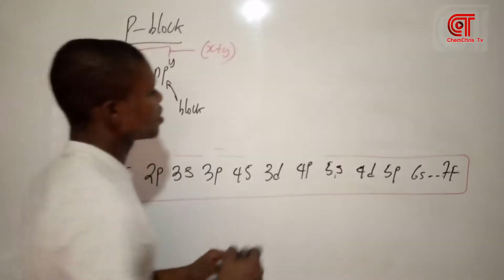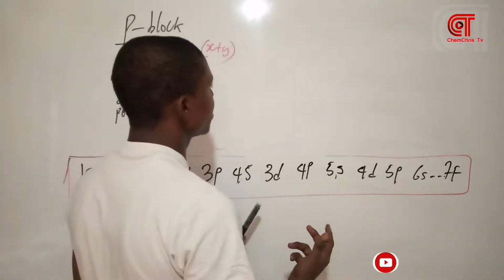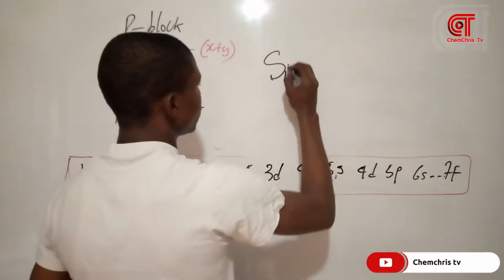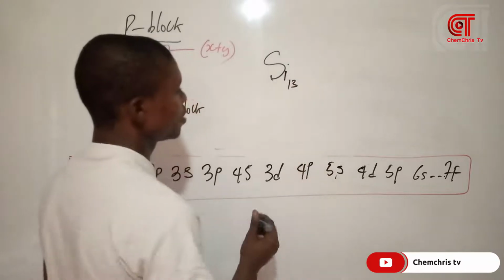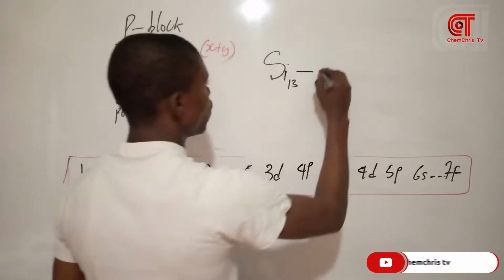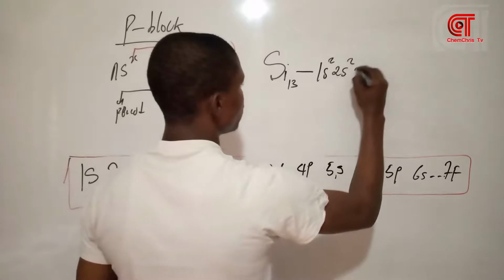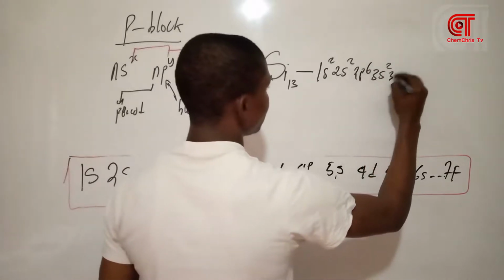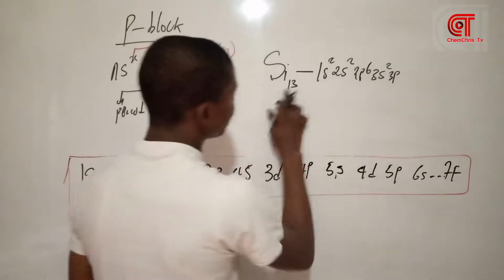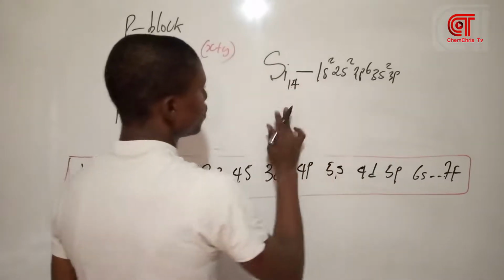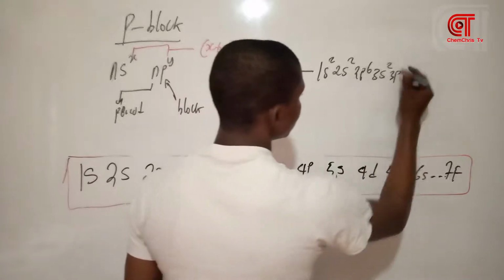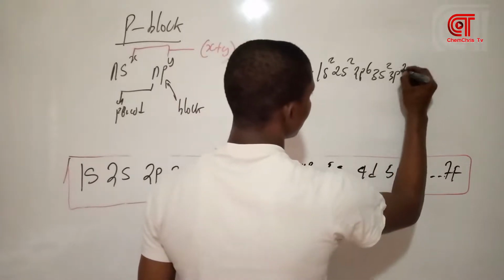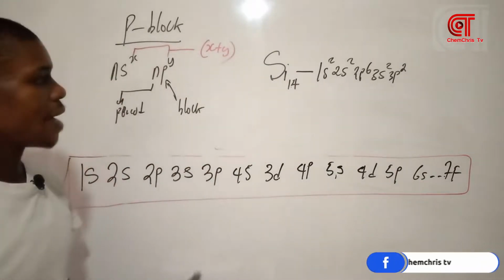Now let's take on that one here. If you have something like this, now let us take silicon. Silicon is 14, right? So now let's write the electronic configuration of silicon. 1s2, 2s2, 2p6, 3s2, right? 3p2.